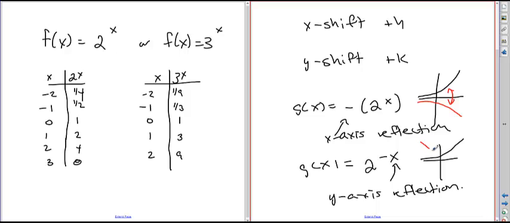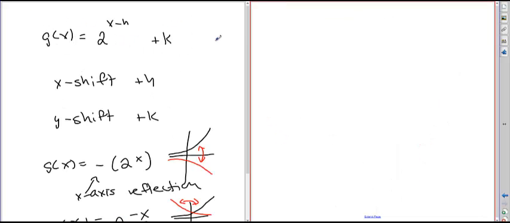The y-axis reflection looks something like that. So we switch across the y-axis. So again, nothing unusual. Once we know the parent function, the reflection should be fairly straightforward. So what we're going to do is we're just going to do a couple of problems just demonstrating this.